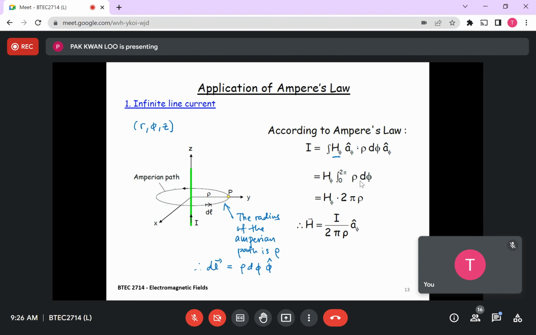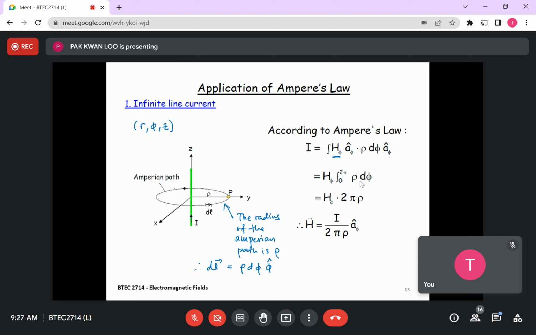Therefore, the dot product of the phi component with the phi component is a constant now. If it's a constant, then I can factor out my magnetic field phi component outside the integral.